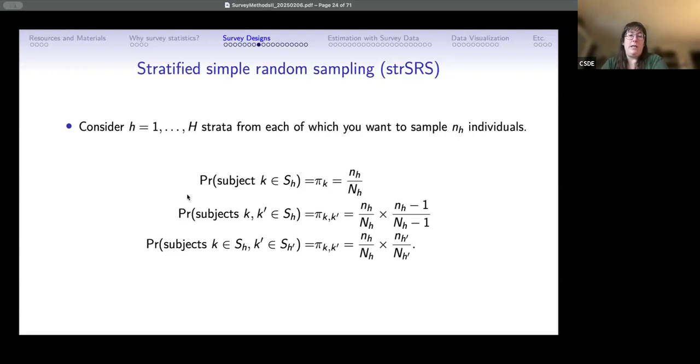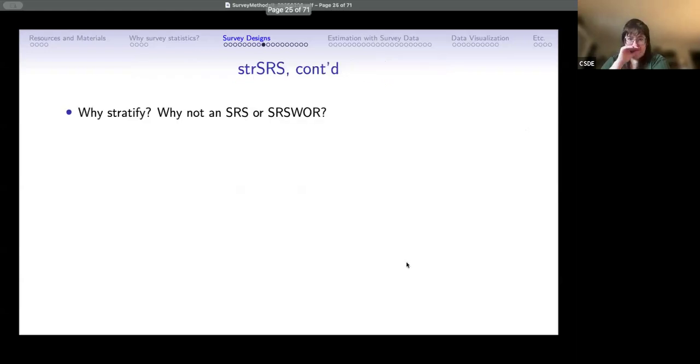So then the probability that any 2 subjects within the same strata are selected into the sample is little n_h over big N_h times n_h minus 1 over big N_h minus 1, just like sampling without replacement. For any 2 individuals that are in different strata, the joint probability that both individuals make it into our sample is the product of little n_h over big N_h and little n_h' over big N_h'.